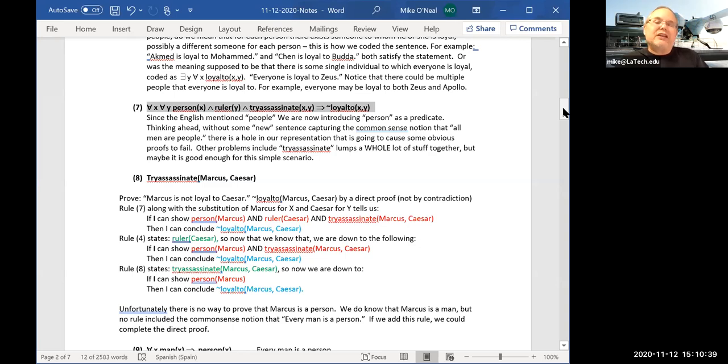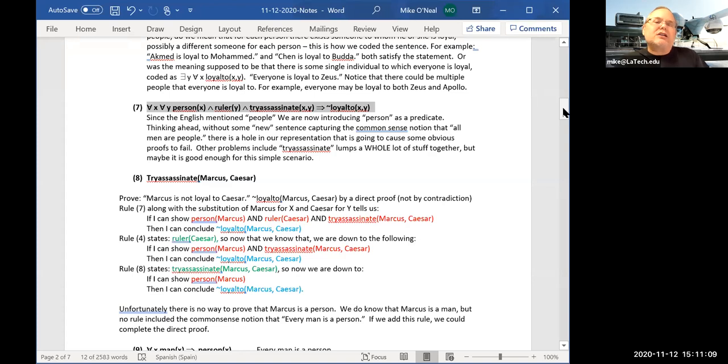Statement 7 ends in the conclusion I want: X is not loyal to Y. So if I plug in Marcus for X and Caesar for Y, I would get: person Marcus and ruler Caesar and try assassinate Marcus Caesar implies not loyal to Marcus Caesar. So it would conclude what I wanted.